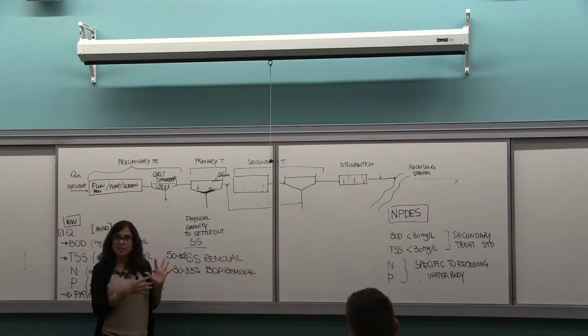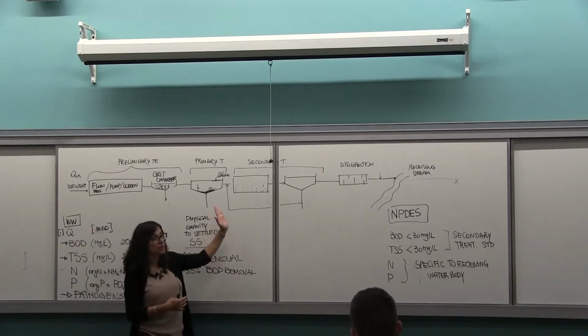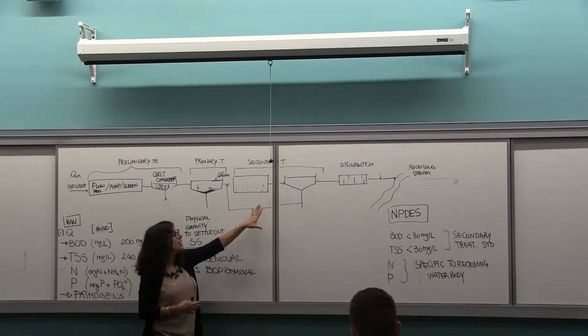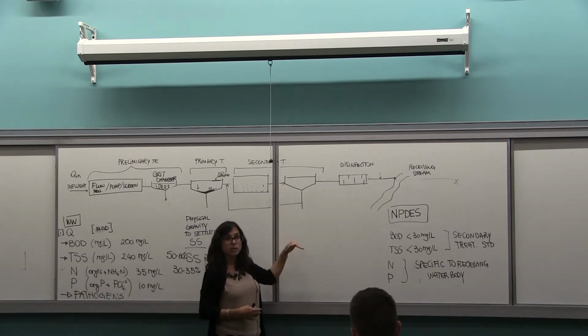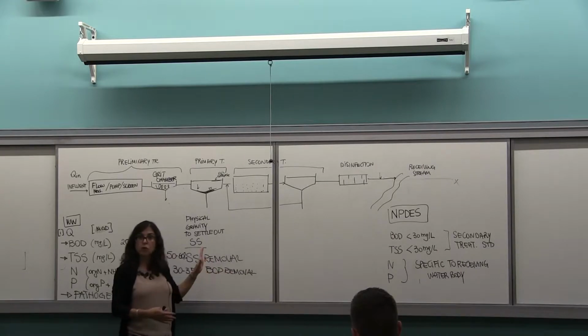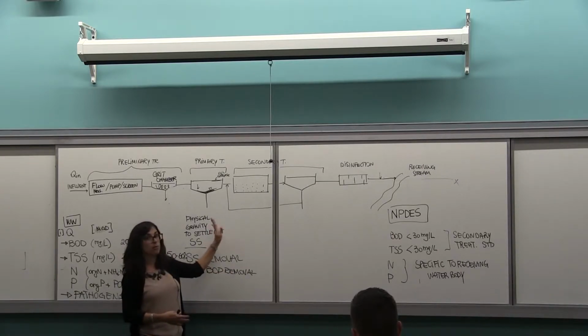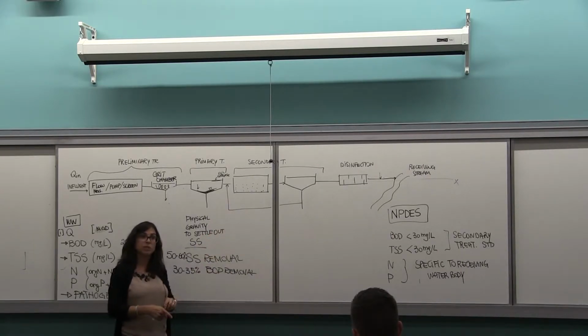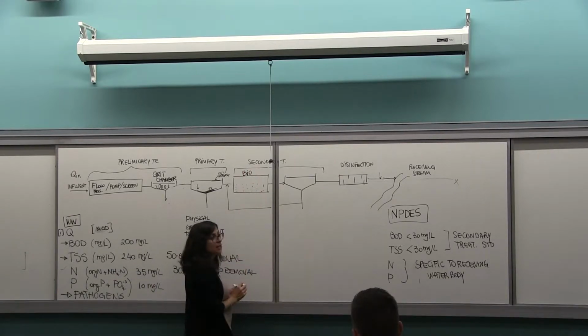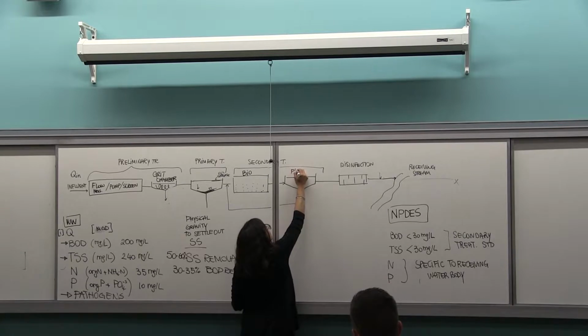The process at steady state reduces BOD by 90% to 95%, and the sedimentation reduces 90% to 95% of the solids. So at the end, we are able to remove BOD and TSS. So this is bioprocess, bio. This is again physical.